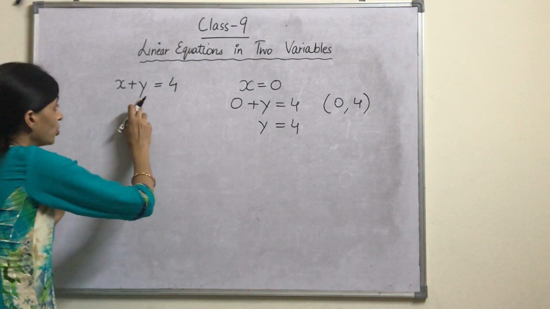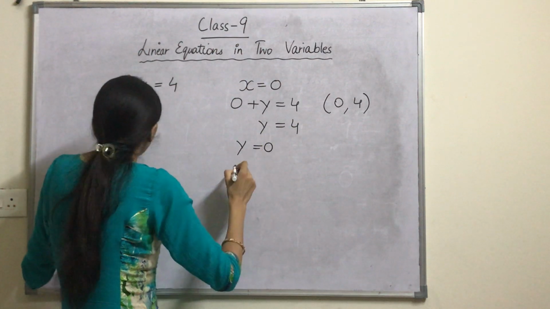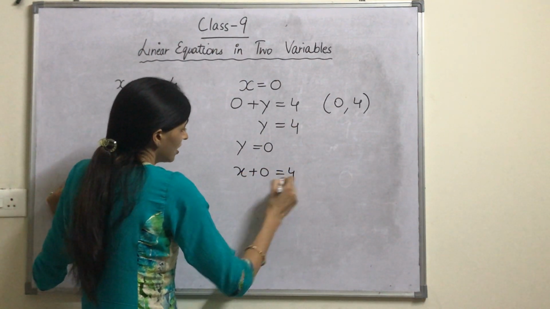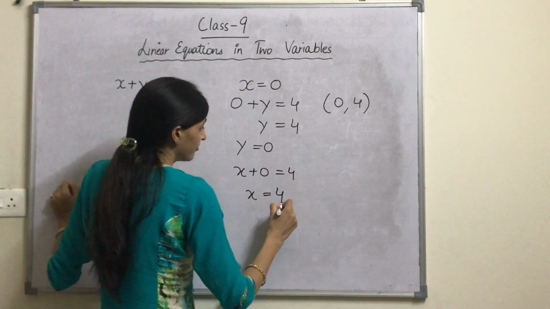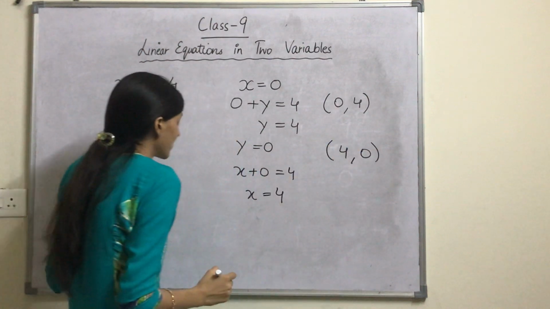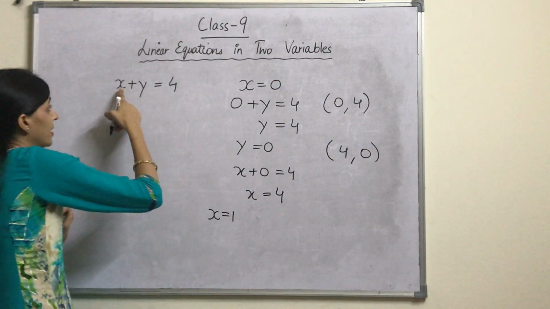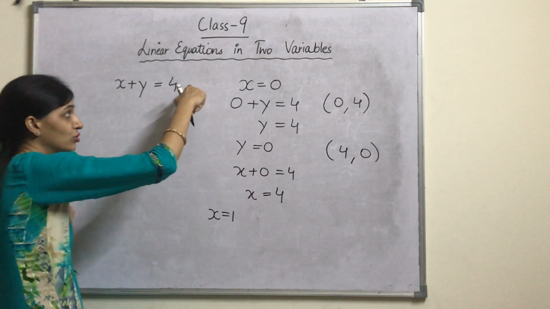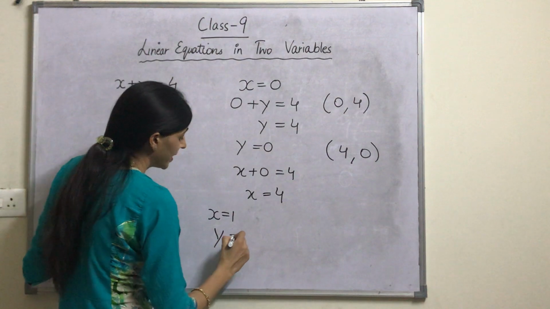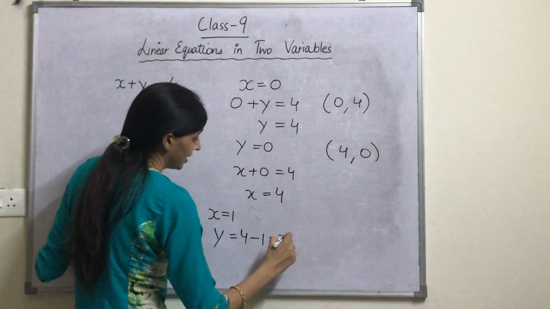Okay. Now put y as 0. If y is 0, then x is 4 because x plus 0 is 4. So x comes out to be 4. That means the next point is this. Take x as 1. 1 when goes from this side to this side, it will become minus 1. So y comes out to be 4 minus 1, 3.